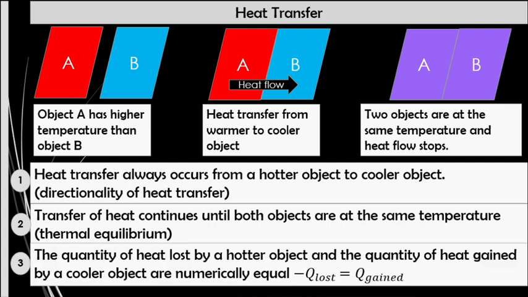So the amount of heat that is lost by the hotter object, in this case object A, is also the amount of heat that is gained by the cooler object, which is B. Expressing that in equation form, negative Q lost by the hotter object is equal to the Q gained by the cooler object.